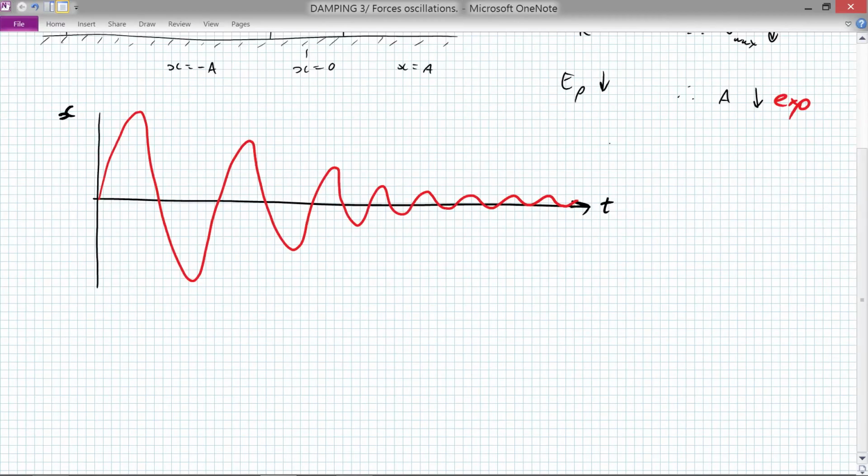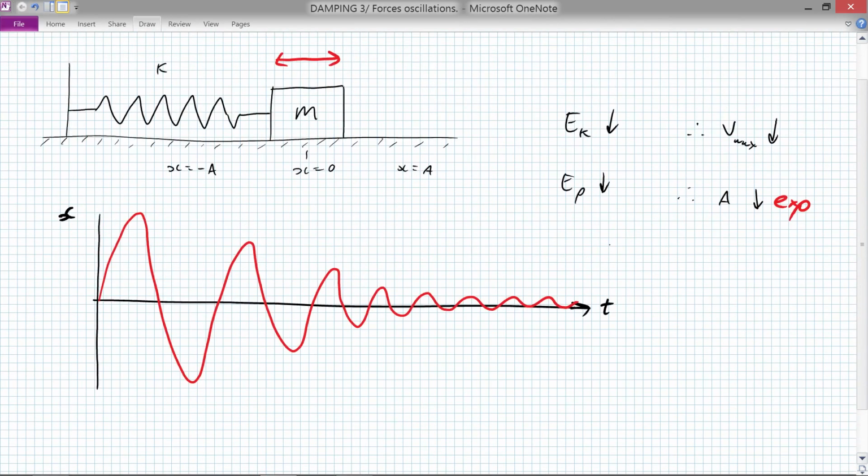And it will eventually come to 0 in real life. As I said, this is exponential, so we could draw a line through these maxima and minima, these amplitudes, and this would go as some exponential function.